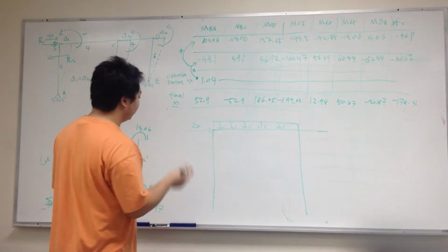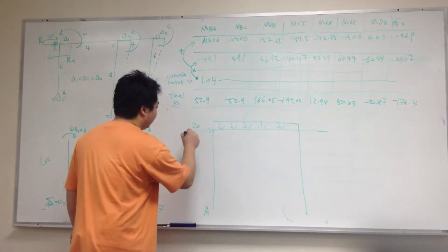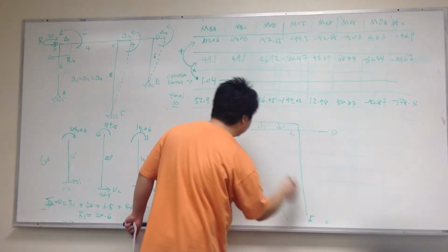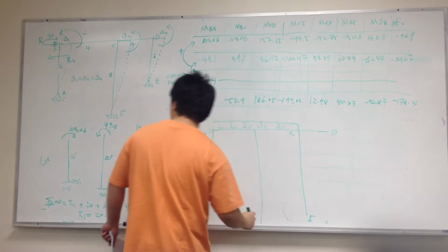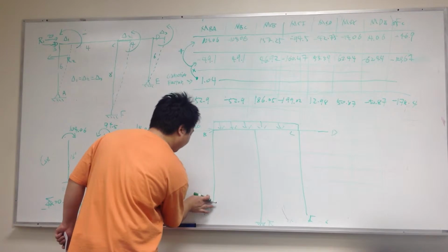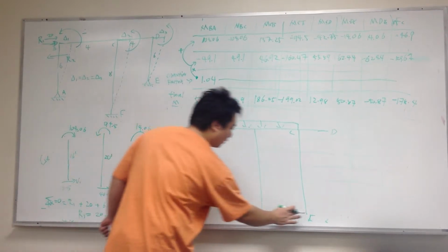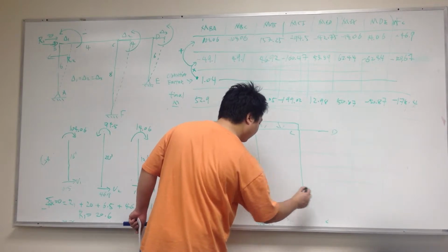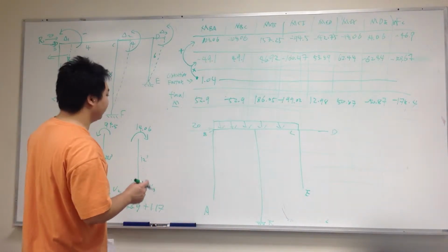That's it, where you have 1, 2, you have A, B, C, D, E, F. Okay.